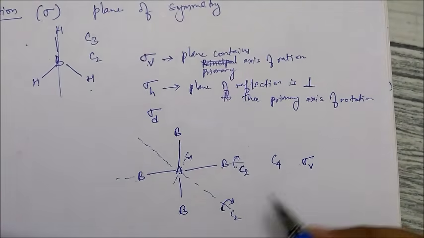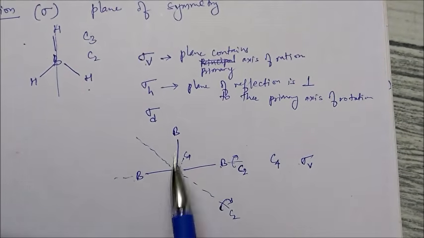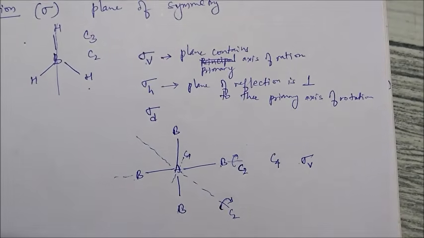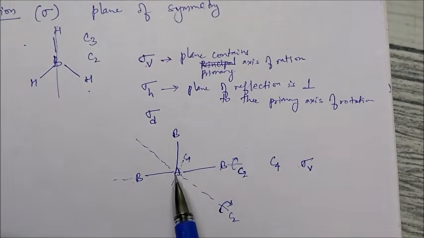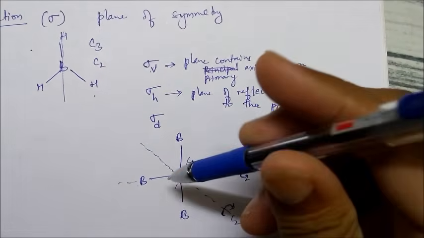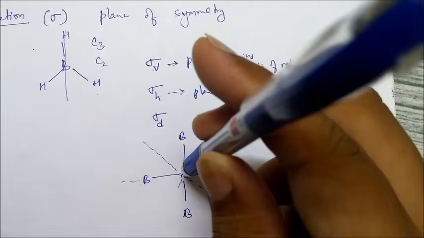Now let's check sigma h. I have told you sigma h is the plane which is perpendicular to the primary axis of rotation. The primary axis of rotation was C4, going like this, perpendicular to this plane.